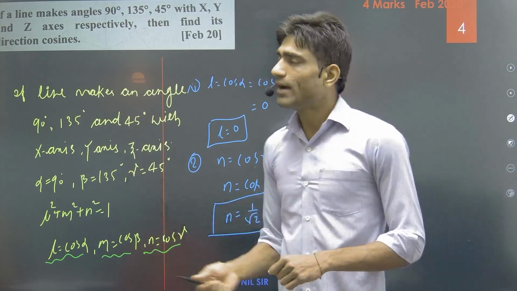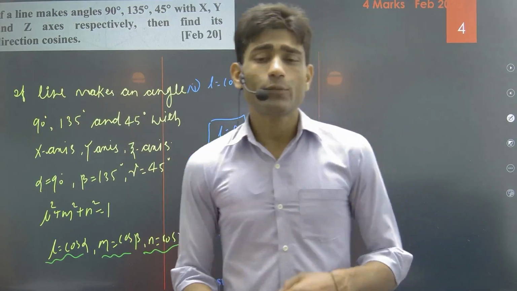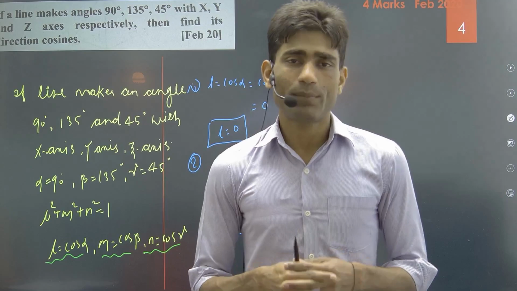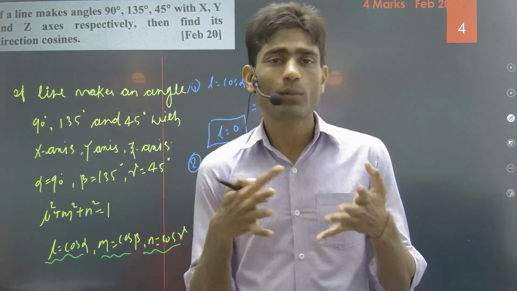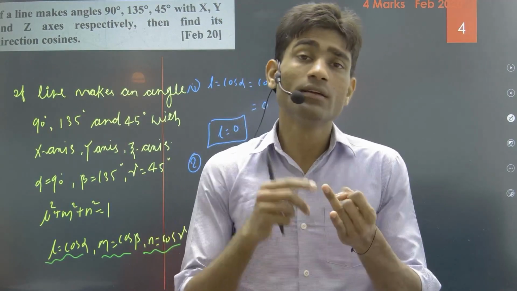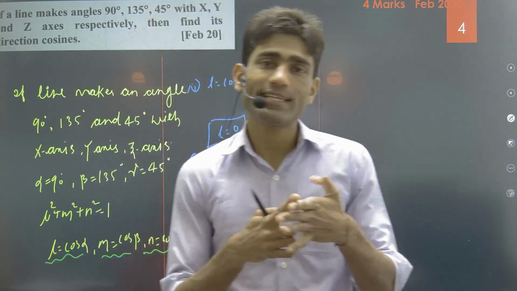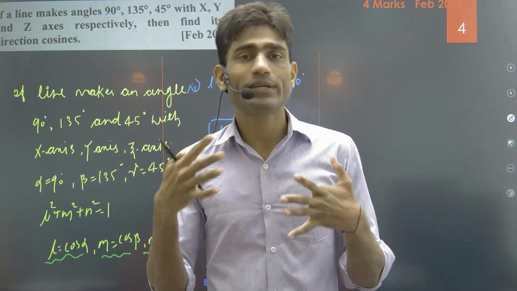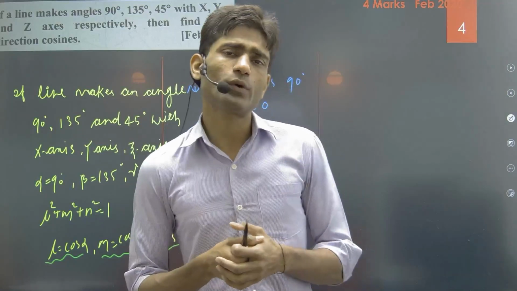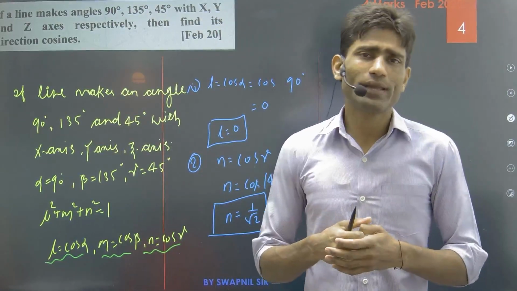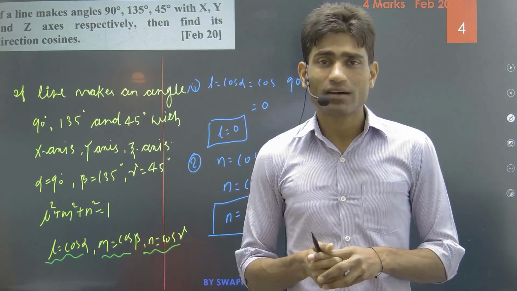Because beta is 135 degree, and we are familiar only with the standard trigonometric values like 0 degree, 30 degree, 45 degree, 60 degree, 90 degree, 180, 270 and 360. We are all familiar with these.